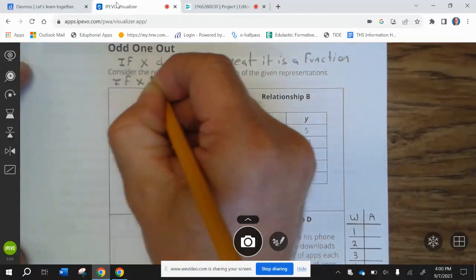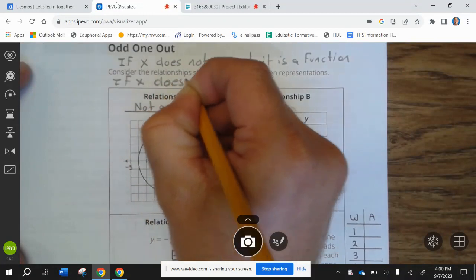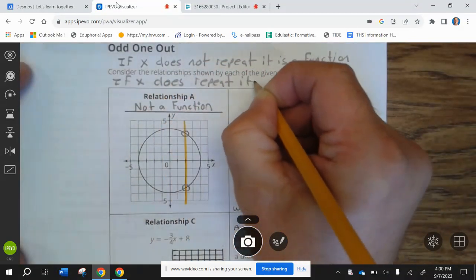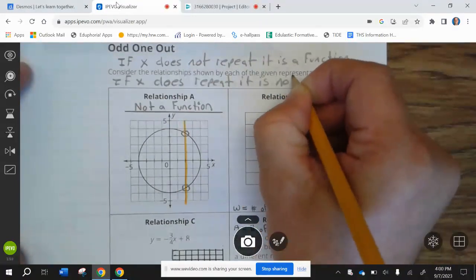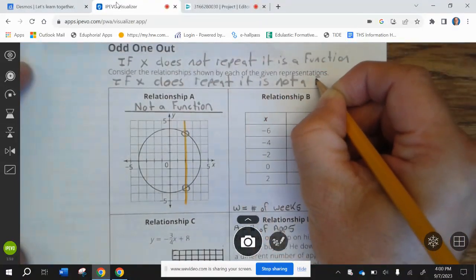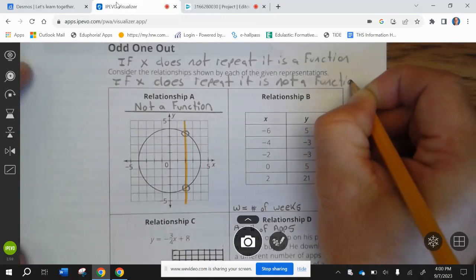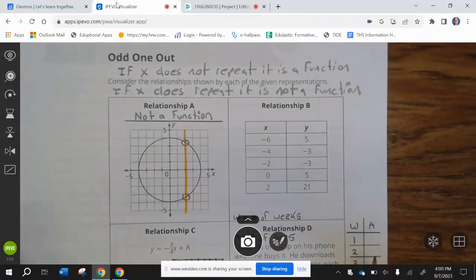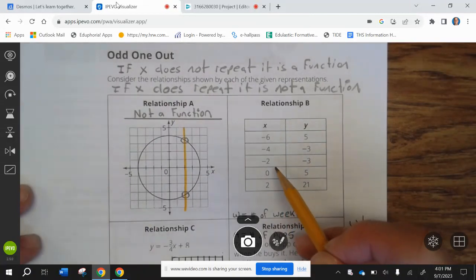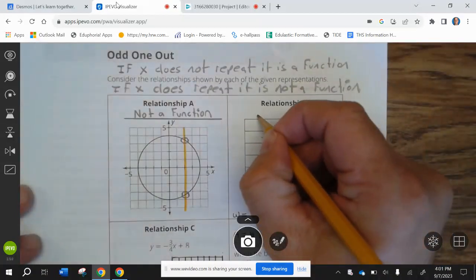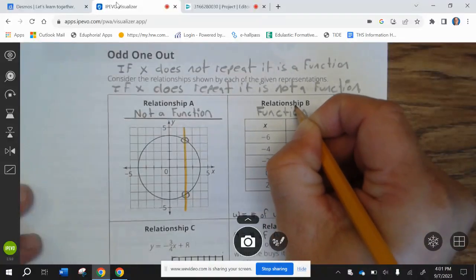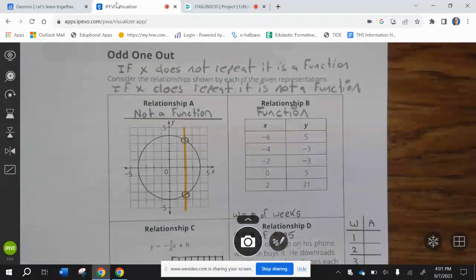If x does repeat, it is not a function. So here, let's take a look. X does not repeat, it's a function.